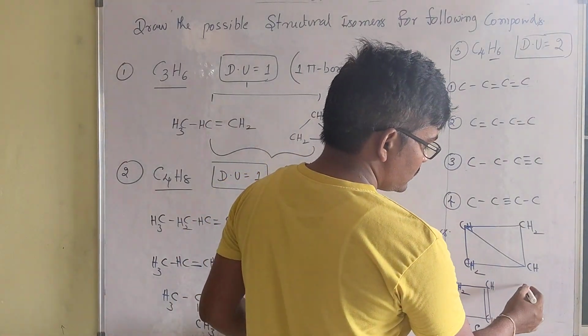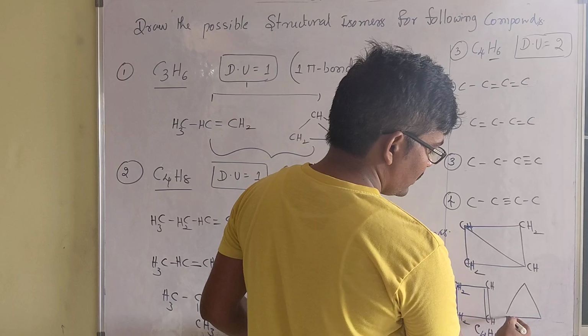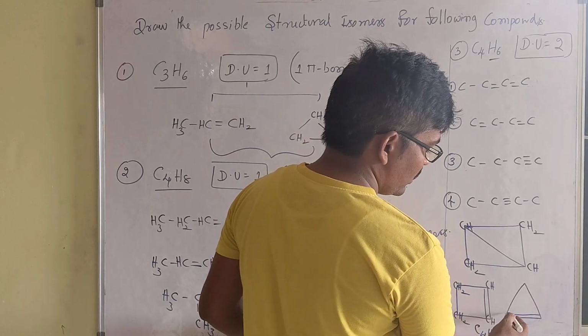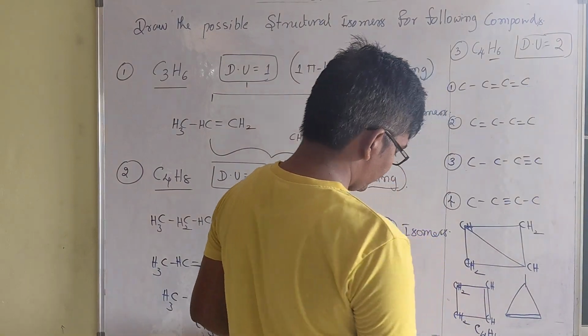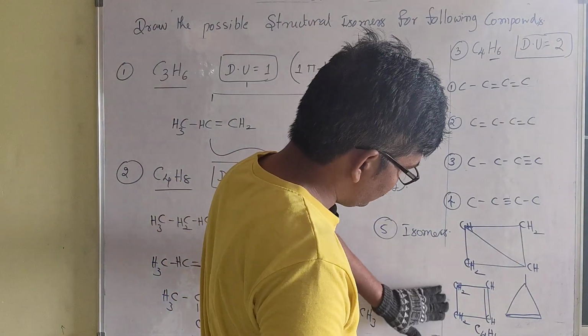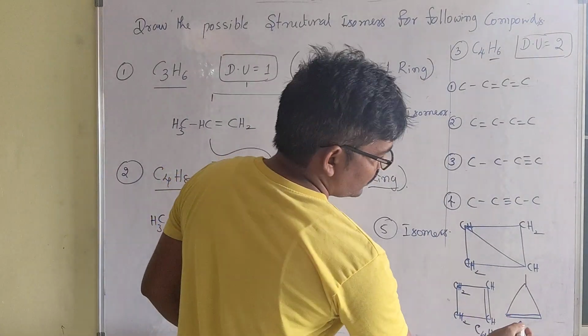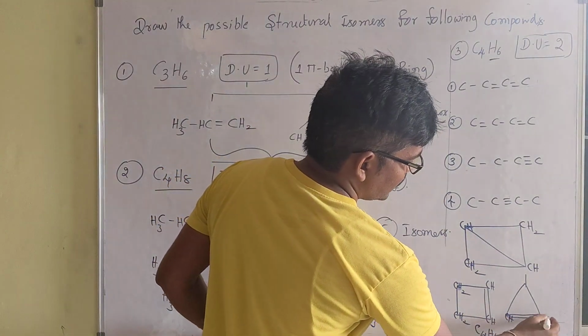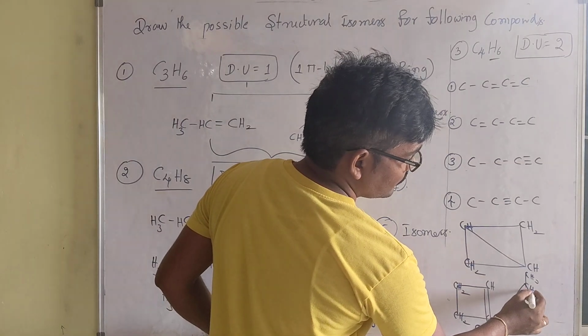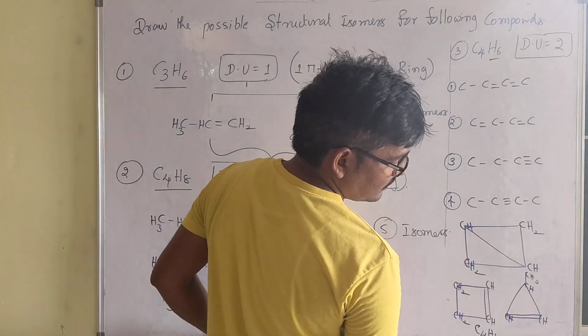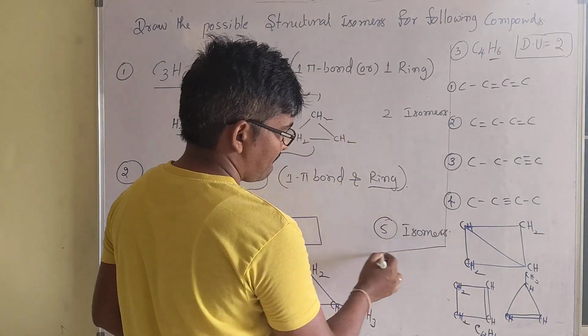Sir, one more, a cyclic structure, in case you take. A ring, and in that itself a pi bond is also there. Including that, one substituent is also there. Then one more also possible. So look here, CH, then CH, then CH3, right? Then here CH. 4 carbons, 6 hydrogens. Clear.